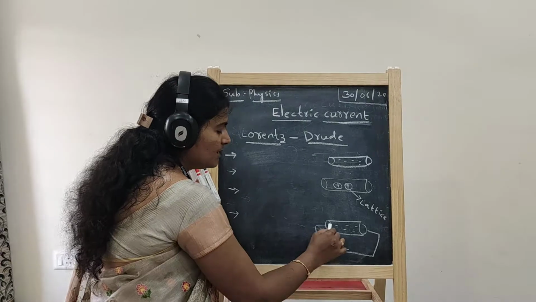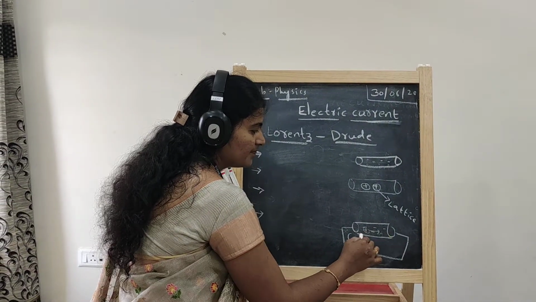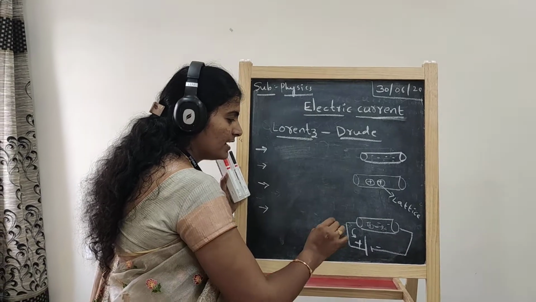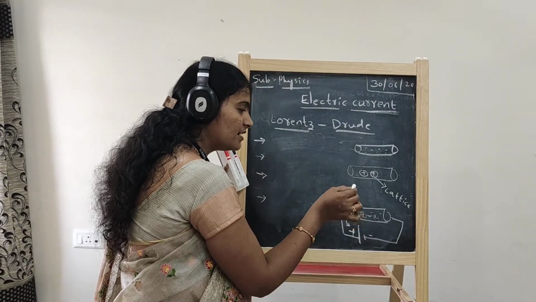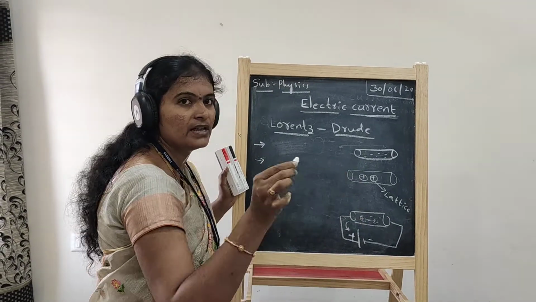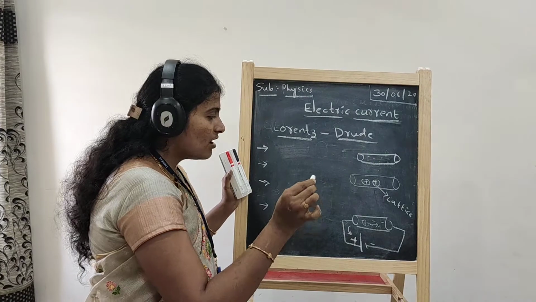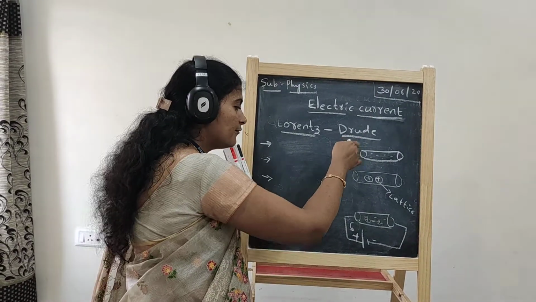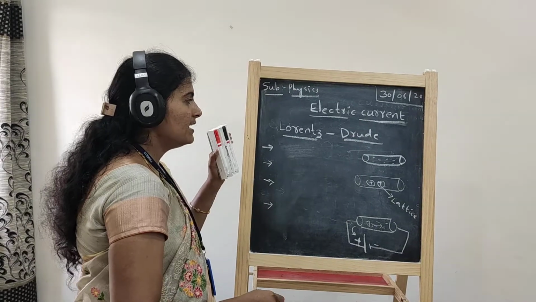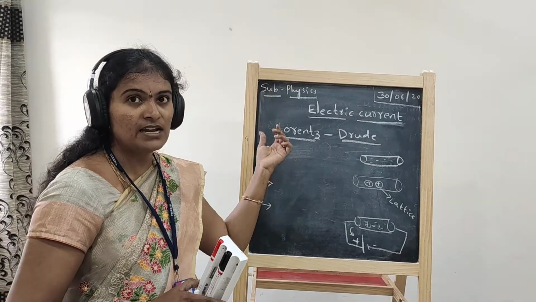So whenever an external force is given, the electrons come under motion in a proper direction with proper velocity. That causes electric current. These are the 4 points explained by two scientists named Lorentz and Drude.